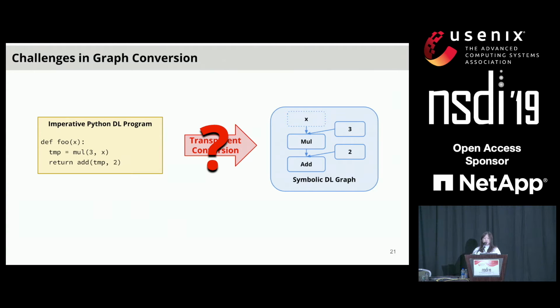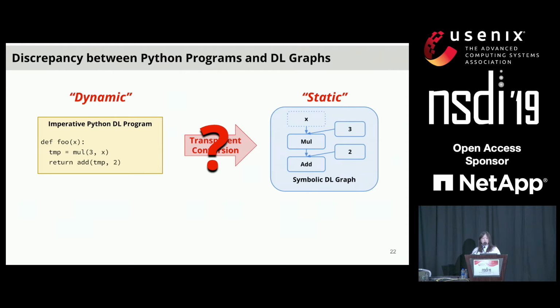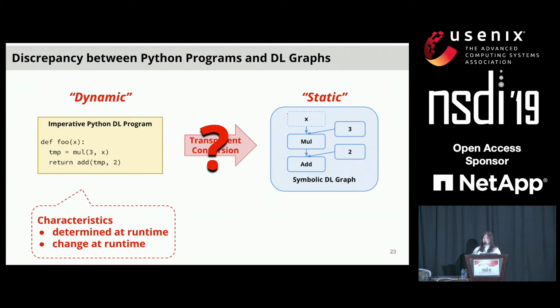However, converting a Python program into a symbolic deep learning graph is not trivial because Python programs have dynamic characteristics which are hard to be represented with deep learning graph operations, since the deep learning graphs are usually considered to be static. To be more specific, in Python, various program characteristics, including control flow decisions or types of each expression, are determined while executing the program.